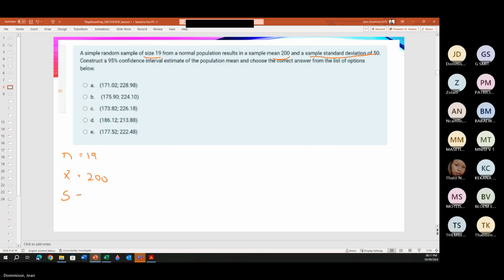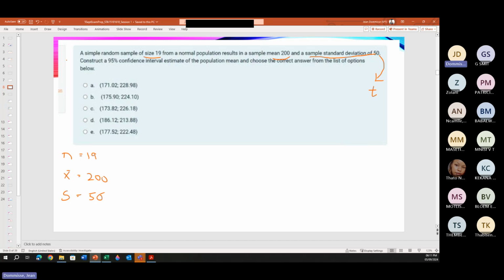So automatically, when we see that sample standard deviation, we know we're going to do a T.